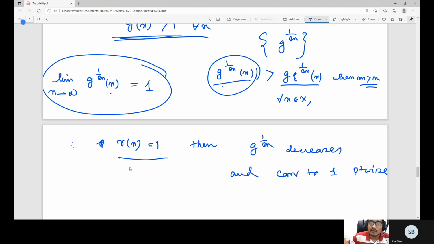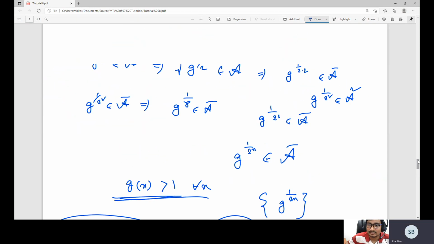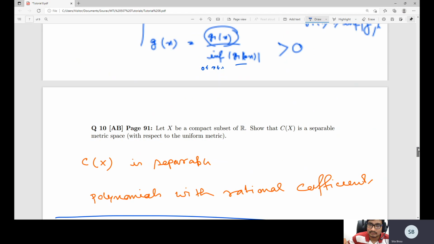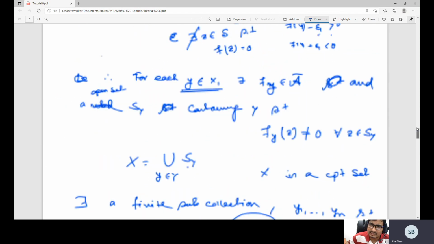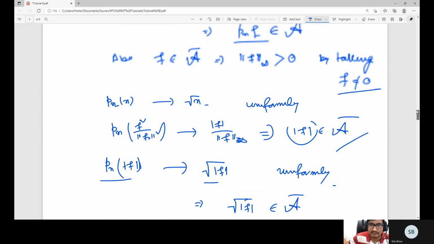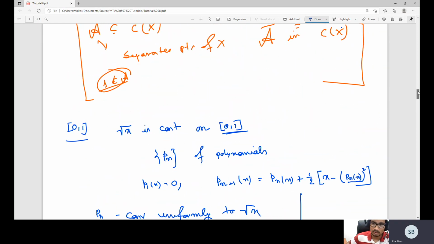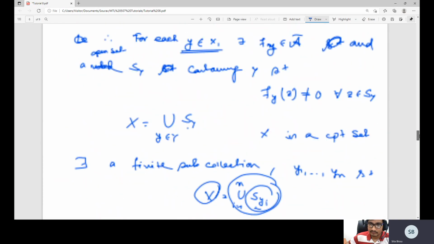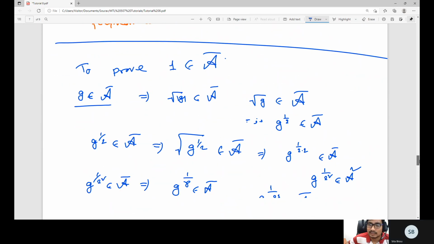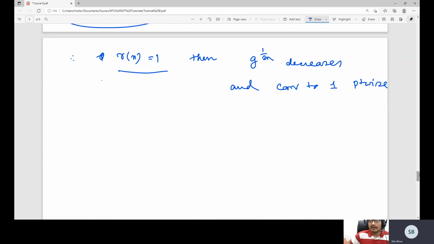Now you have something called Dini's result. What is Dini? If we have a monotone sequence, increasing or decreasing, anything is fine, and if it converges pointwise, then it converges uniformly, but your domain should be a compact set.